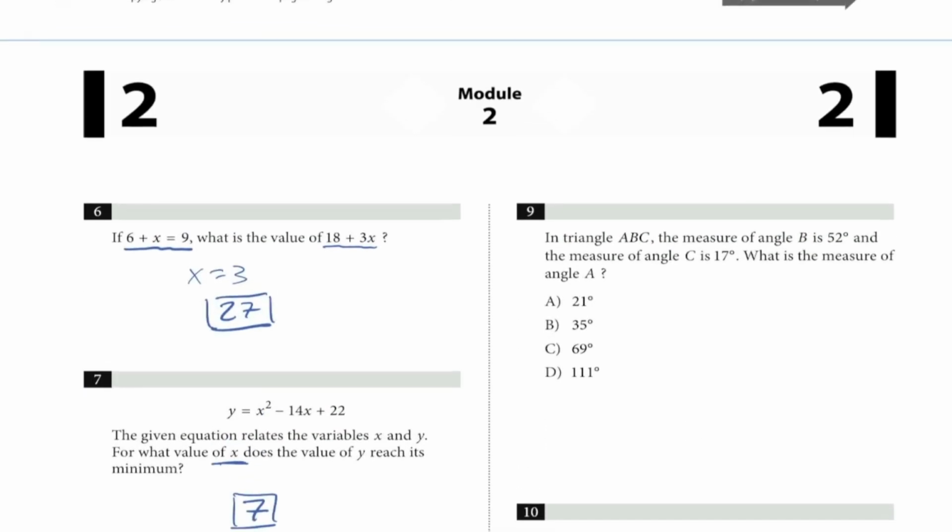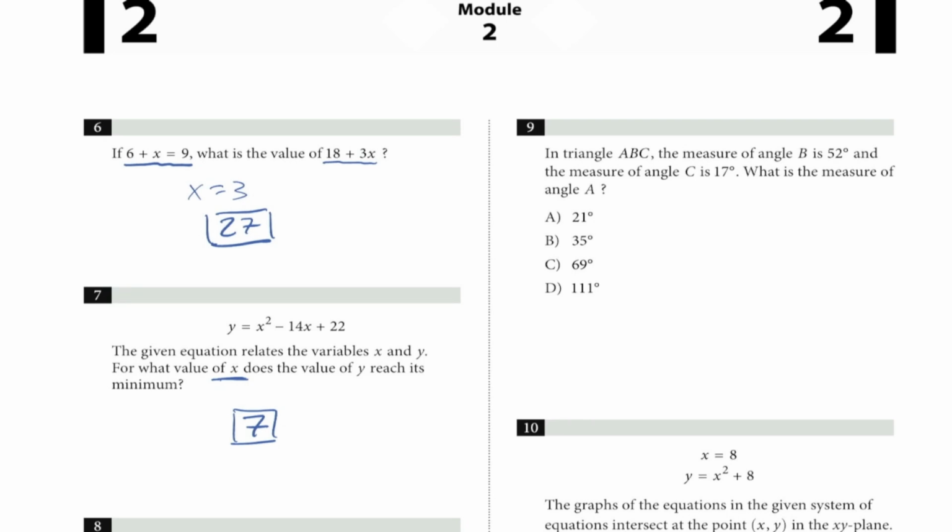All right. Number 9. In triangle ABC, the measure of angle B is 52 degrees, and the measure of angle C is 17 degrees. What is the measure of angle A? Well, what's true about the angle measures of a triangle? They have to all add up to 180. So we could say angle A plus B, which is 52, plus C, which is 17, should all equal 180.